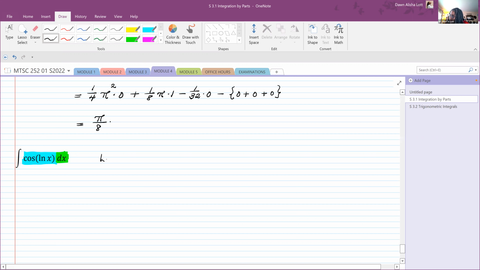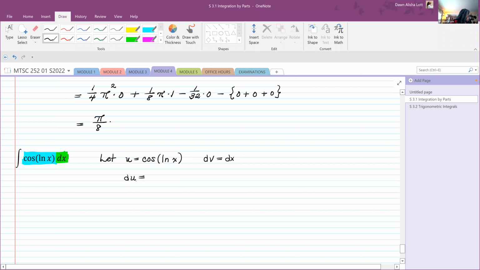So I let u be cosine of the natural logarithm of x, and dv, which is easy, is just dx. So the hard part here is finding du. What is du? You have to use the chain rule.